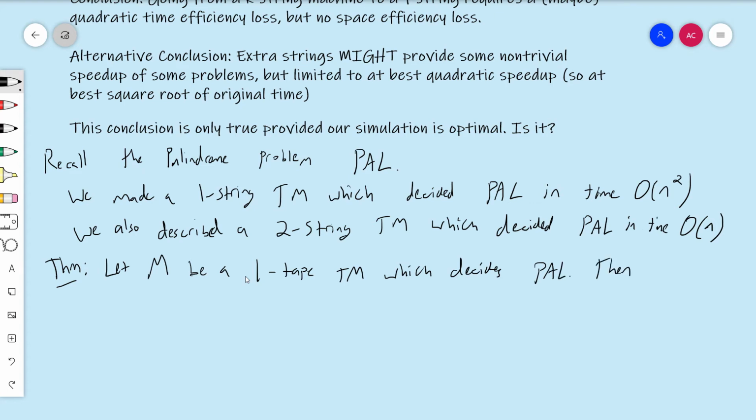Then it's been proven that M operates in time at best, I'm just going to write the symbols, at best n squared. Remember, O of n squared means worst case n squared.